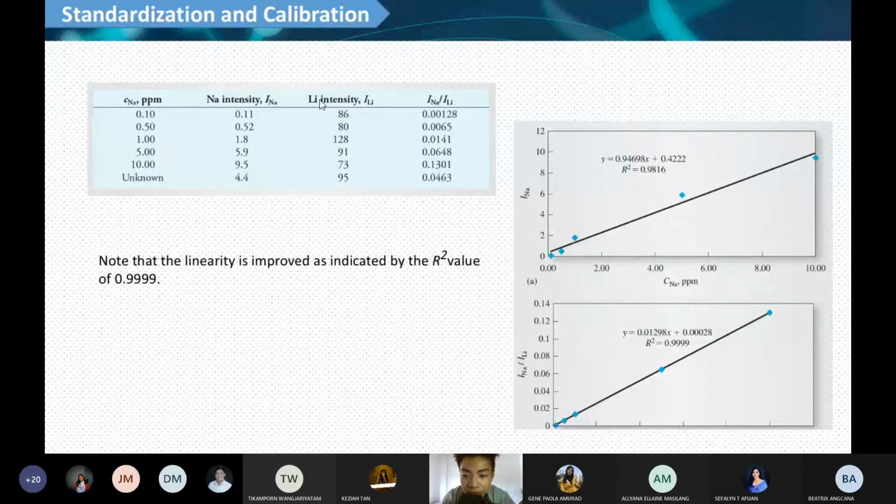So the lithium served as the internal standard. So this is something that is fixed, no? Okay. This is something that is added to the solution in fixed amounts. So he can establish the ratio and proportion of the two substances. Okay. So on the last column, we have here the ratio of our two substances, and whatever that ratio is, that is used to determine the concentration of the unknown.